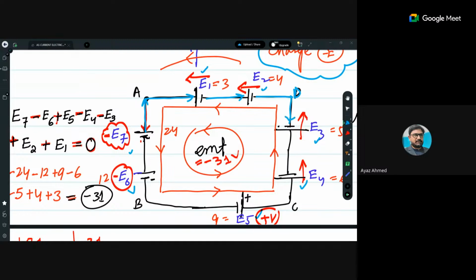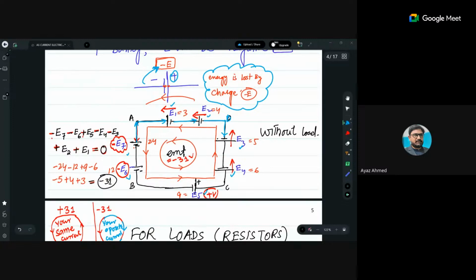This is the direction of conventional current. Is this all clear? The negative sign shows this thing. Is this clear?